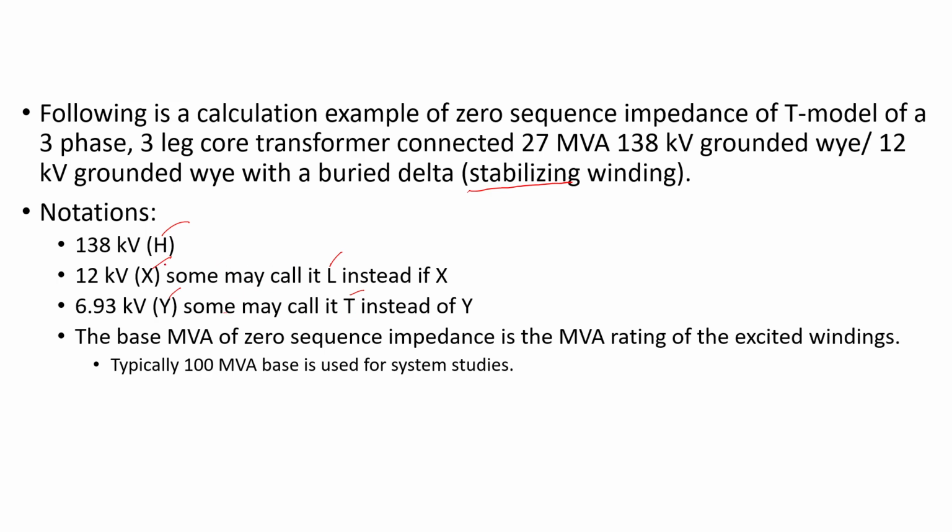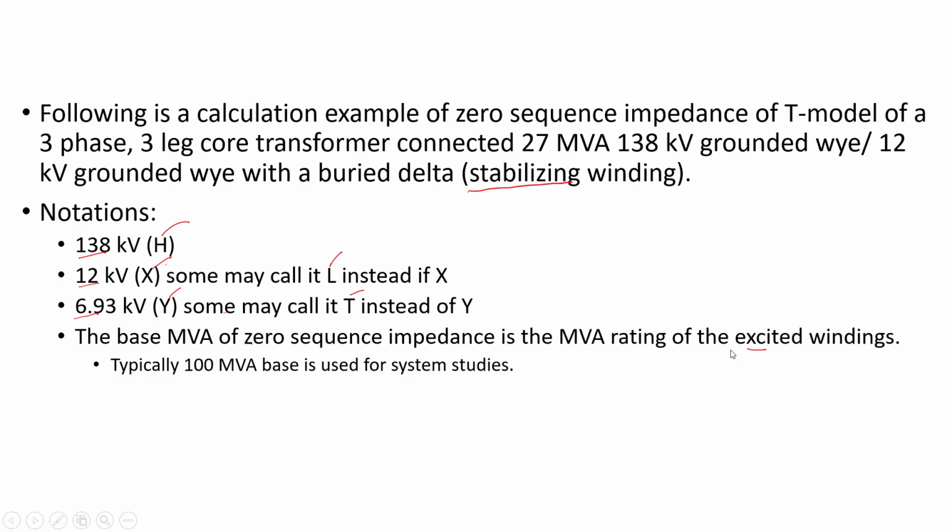So the high side is 138 kV line-to-line voltage. The low side is 12 kV, and the stabilizing winding is 6.93 kV. The base MVA of the zero sequence impedance is the MVA rating of the excited winding.